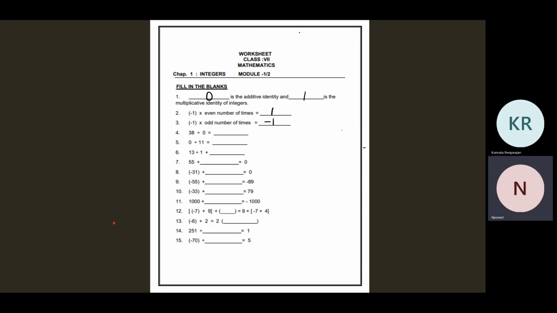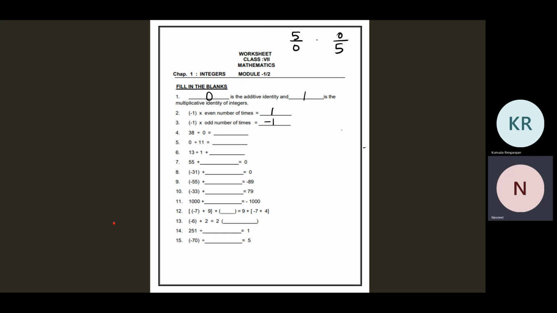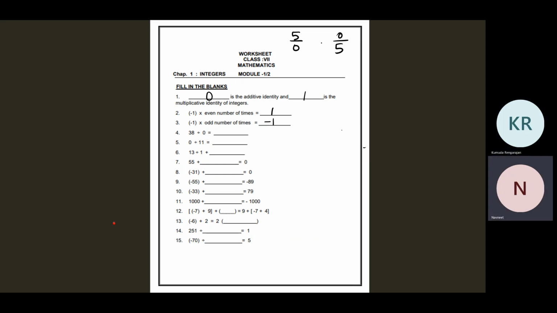Think about 5 by 0 and 0 by 5. Is it 0? Both have no value. That's what I understand. Really? Both of them have no value, is it? I thought 5 by 0 is like 5. Then I realized 5 by 1 is only 5. So this has no value and this also has no value.